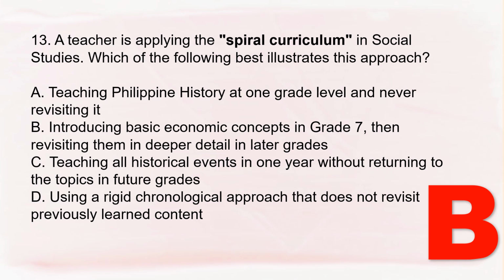For letter C, teaching all historical events at once, this does not align with progressive deepening of understanding in spiral curriculum. And for letter D, using a rigid chronological approach, this does not allow revisiting and expanding knowledge. Only letter B is the best answer.